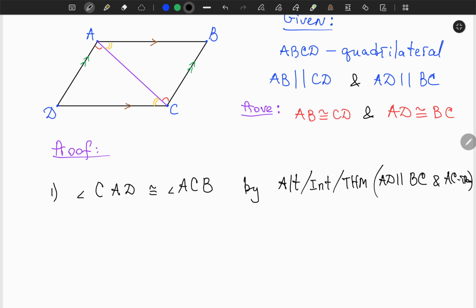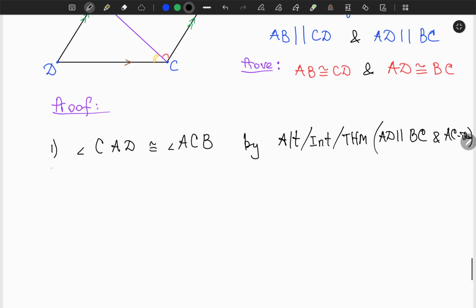This is the reason why we chose alternate interior.